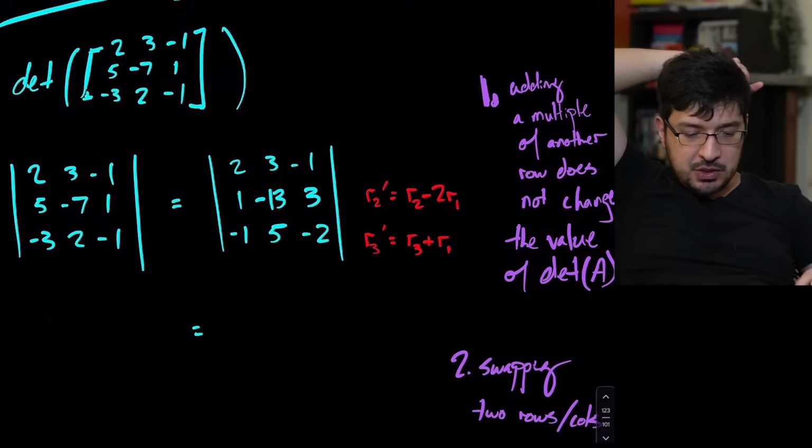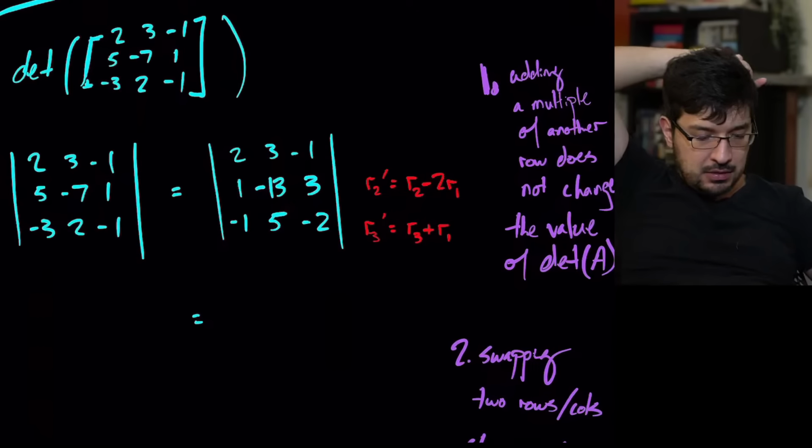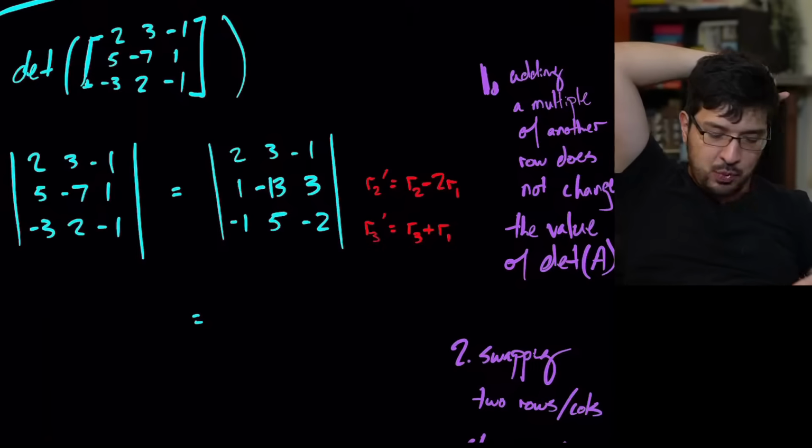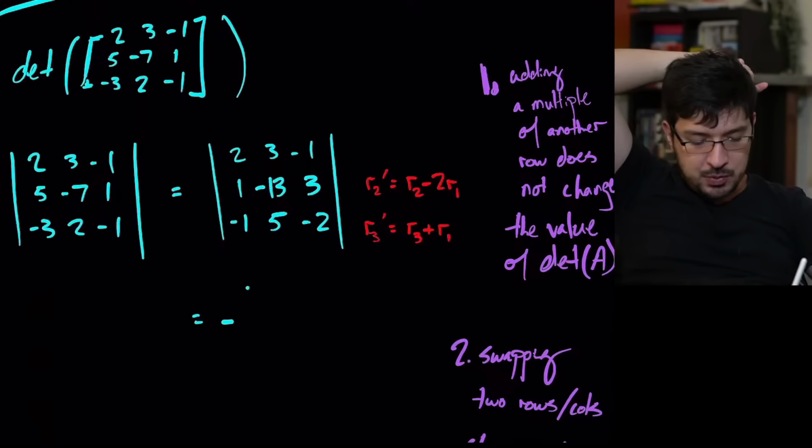So what I'm going to do right now is swap the first and second rows. Since I'm swapping two rows, it changes the sign.